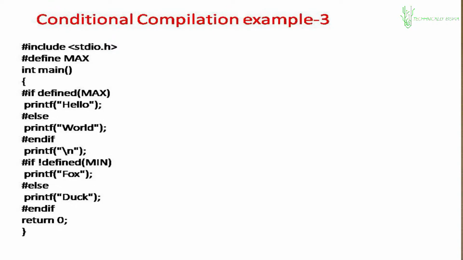Look at the definition. It says #define MAX. MAX is a constant over there which is defined already, and it is checking for that. If it is defined, it prints hello. If it is not defined, that printf statement will not go to the compiler. If it is defined, the printf statement goes to the compiler.